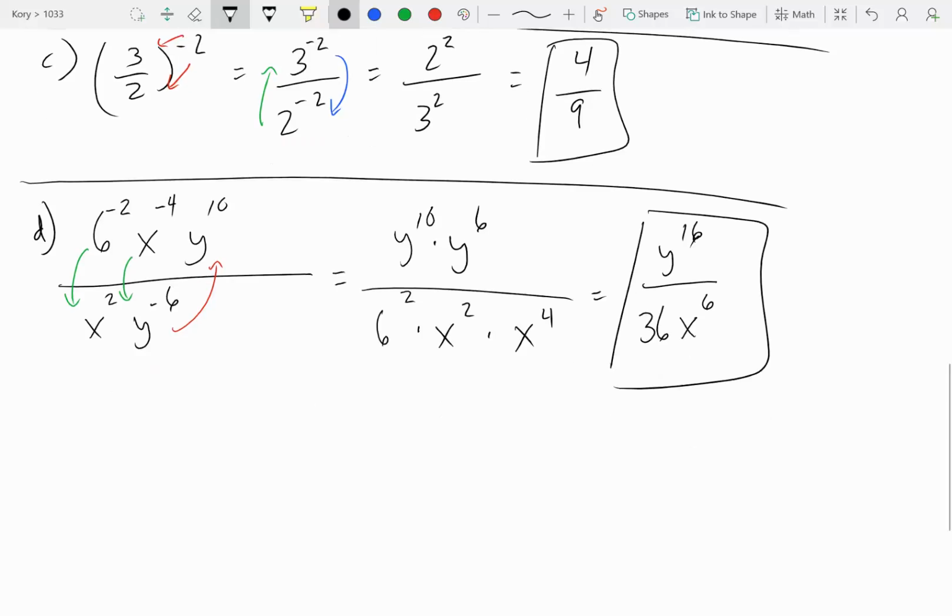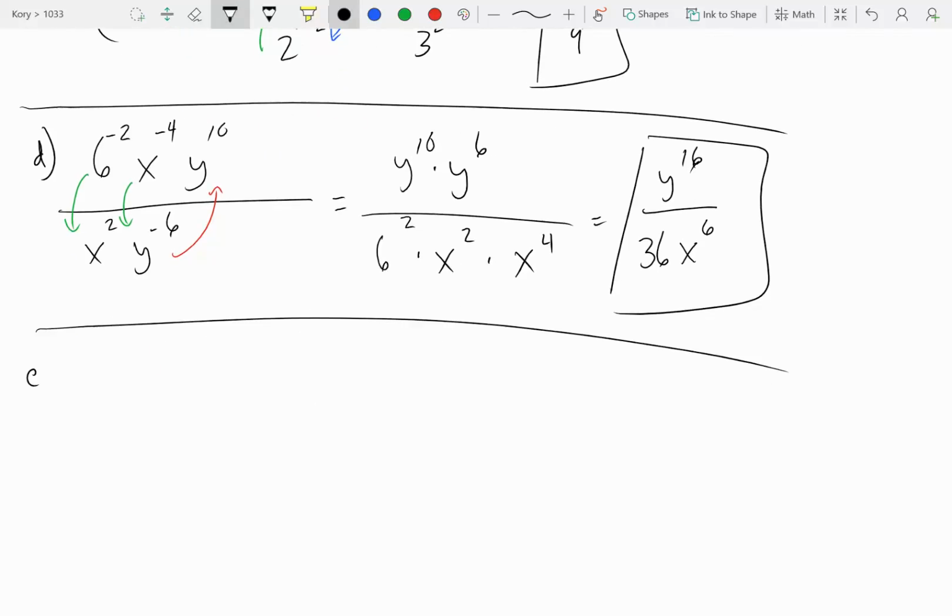Alright, last one, part E. Alright, so we have 3 to the power of -2 times a cubed times b all over 3 to the power of -4 times a to the 7th times b to the power of -2, and that's all to the power of -2.